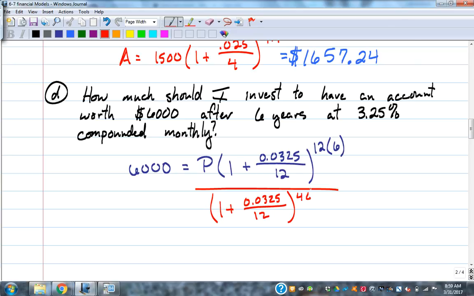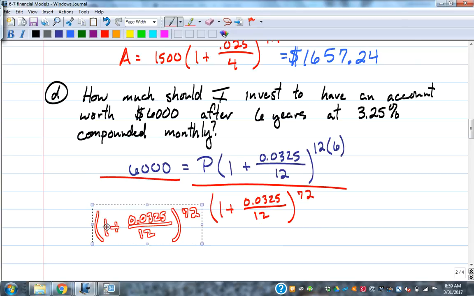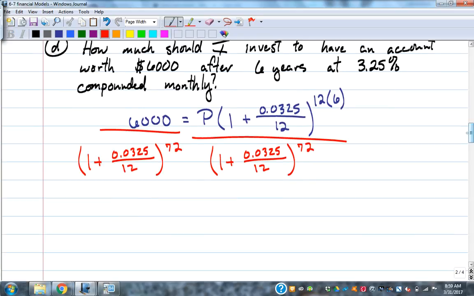12 times 6 would be 72. 72 exponents. Dividing both sides by that, whatever that number is, it's like 1 point something.